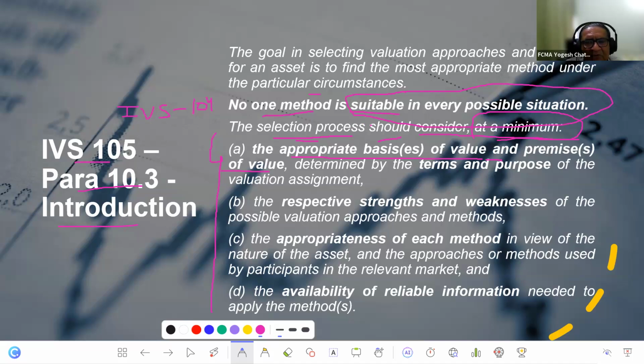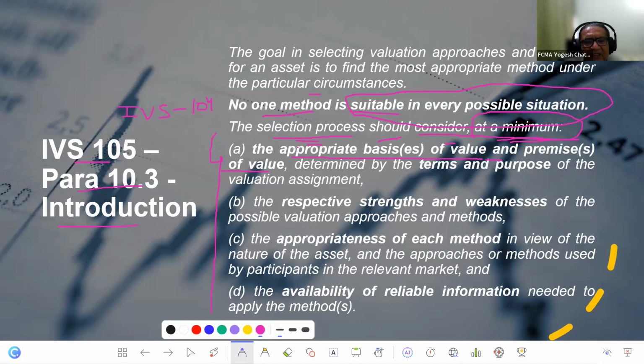So the selection of valuation approach or method will depend on the selection of the appropriate basis of value and premise of value. That is the subsequent event.